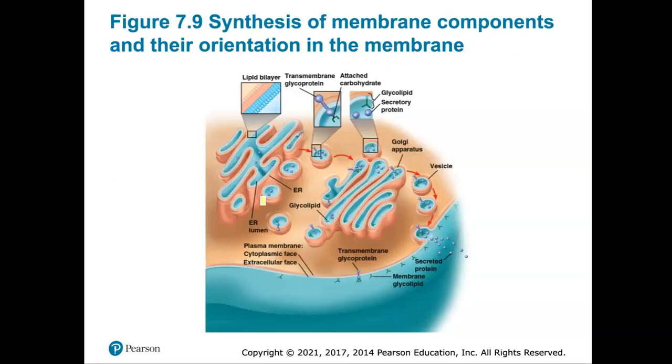This slide is just showing you how the glycolipids and glycoproteins are actually produced. The glycolipids are produced in the smooth ER, and the glycoproteins are produced in the rough ER.